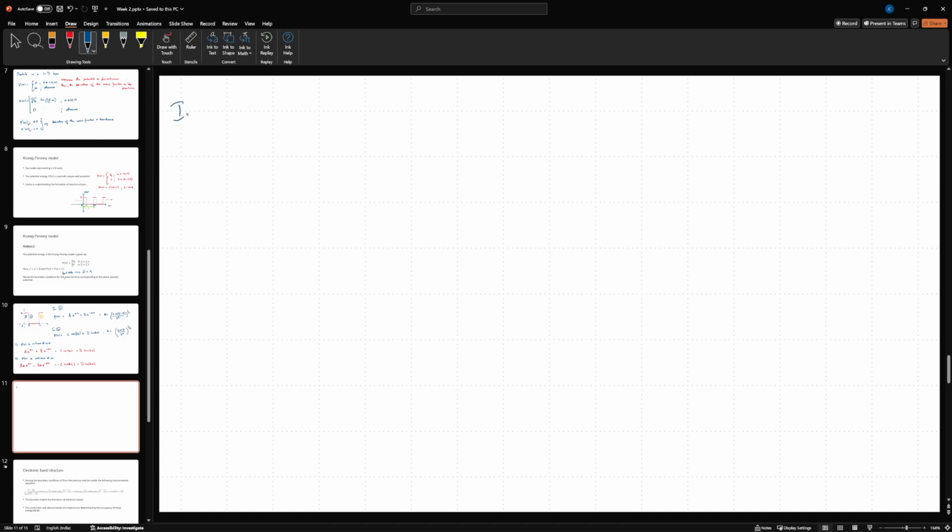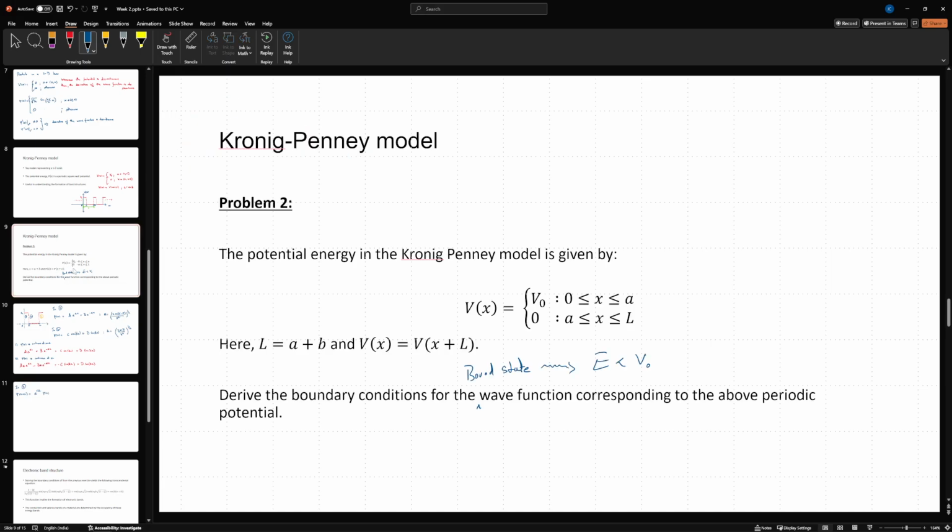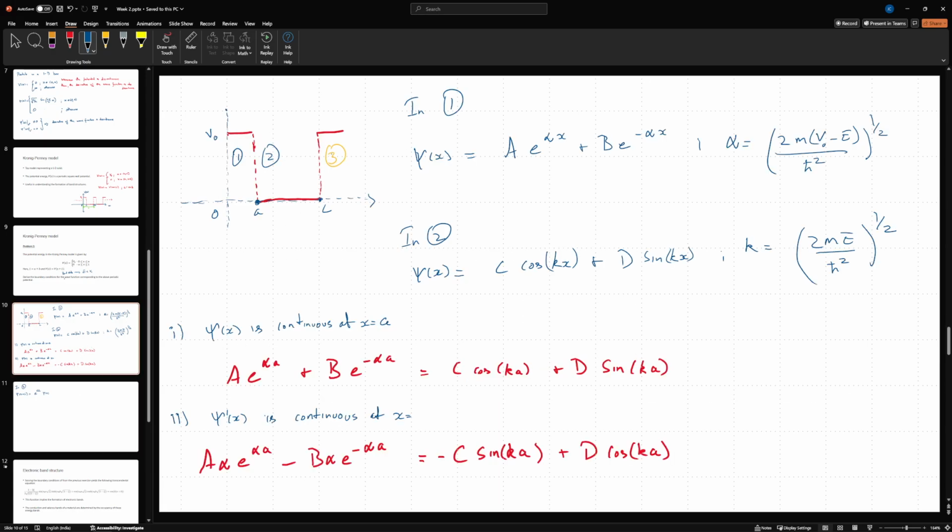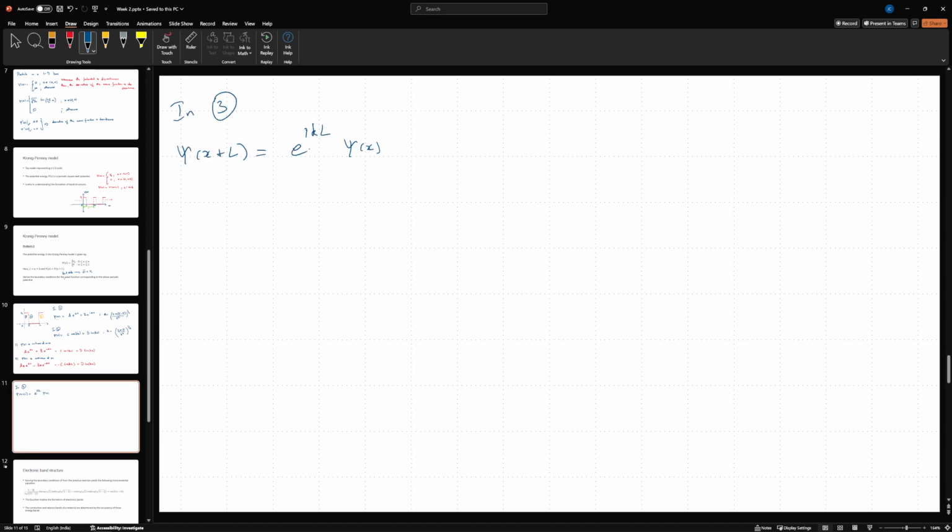So in region 3, I know psi of x plus L is e to the power i k L times psi of x. And if you notice, region 3 is the same as region 1, only moved forward by a distance L. So that is exactly what we shall be using.